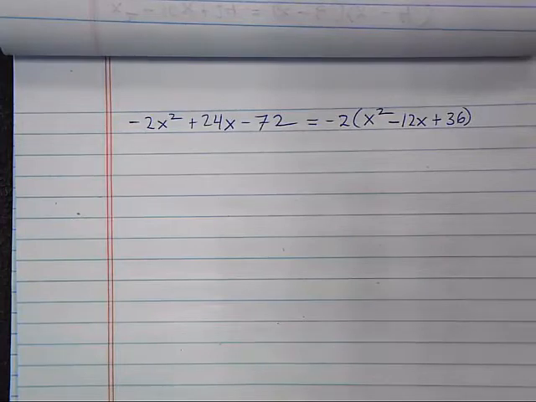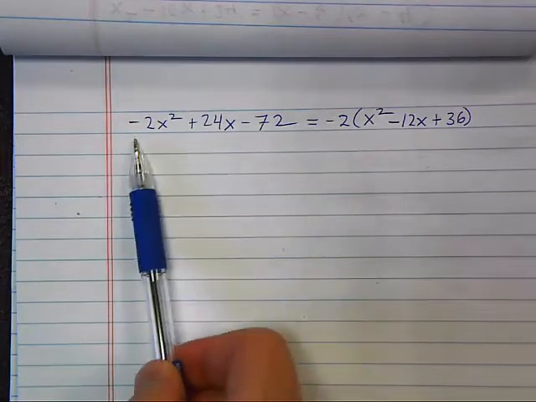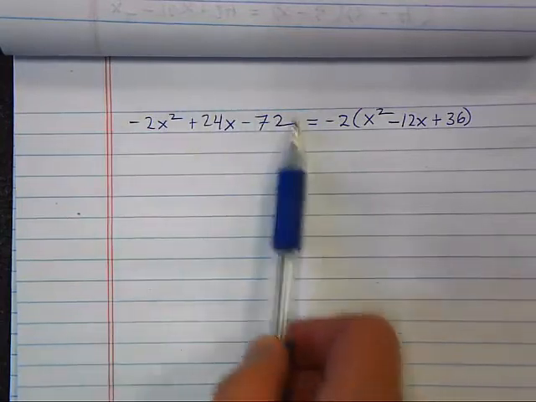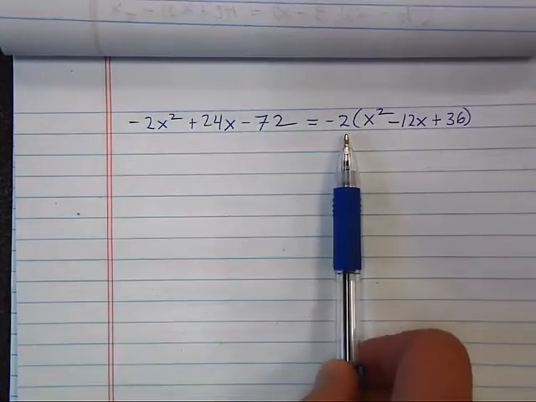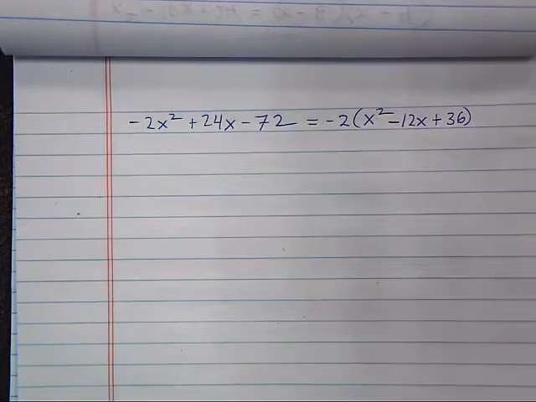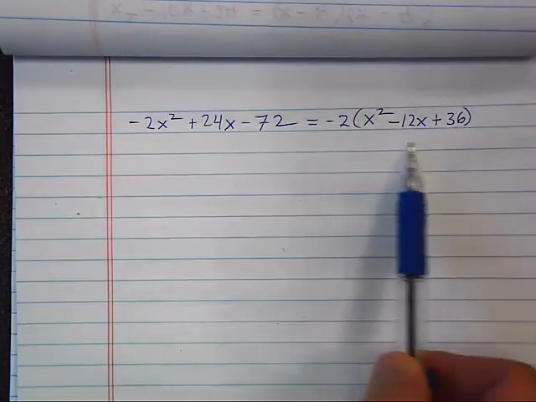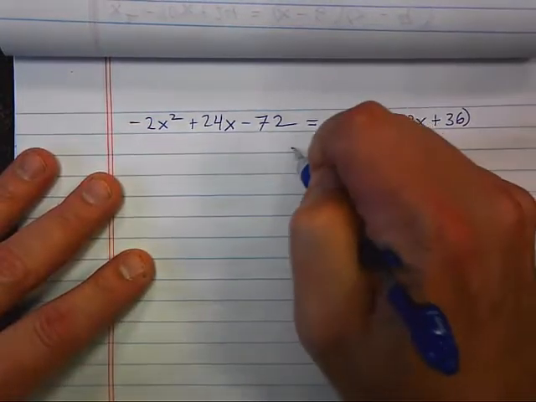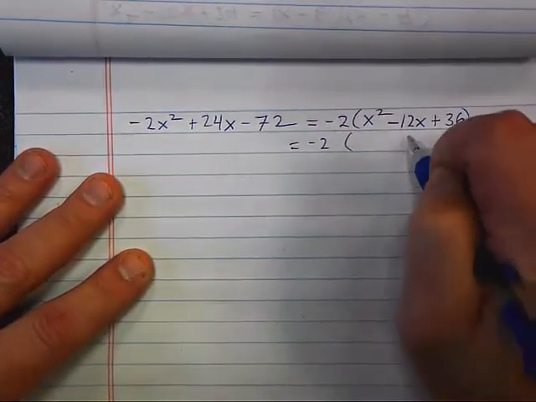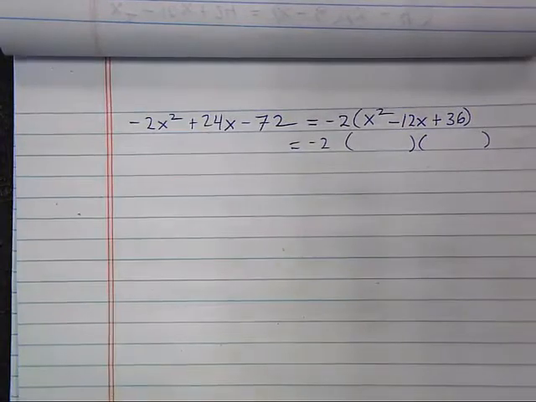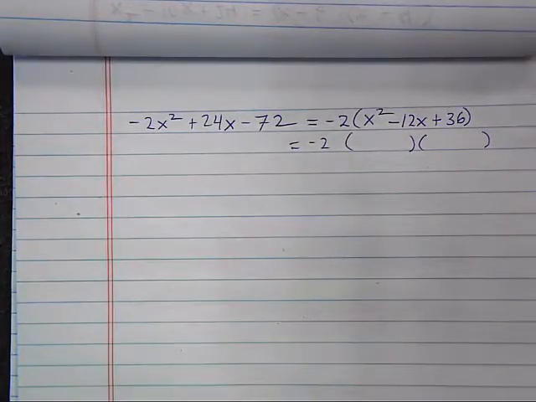Okay, so at this point in your life, if you have a trinomial and the trinomial has a common factor, you factor out the common term like we did. But then you need to look to see if this trinomial will factor more. What I mean by that is we could have the negative 2 and then 2 sets of parentheses like that. Sometimes it'll work, sometimes it won't. You don't know until you try it.